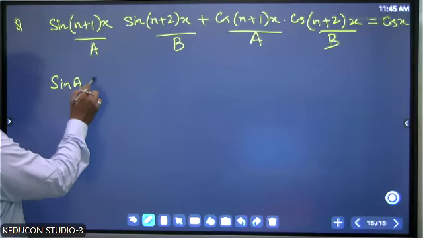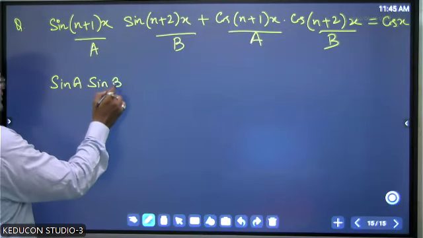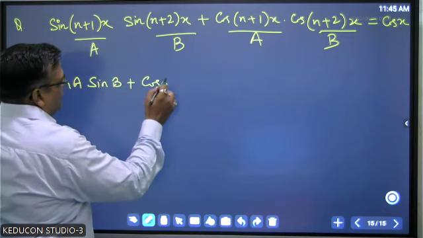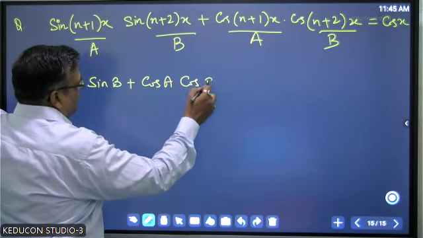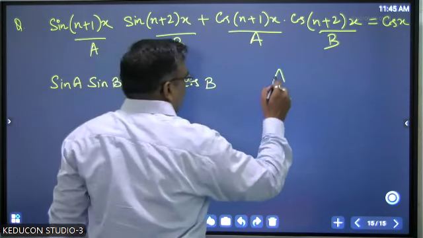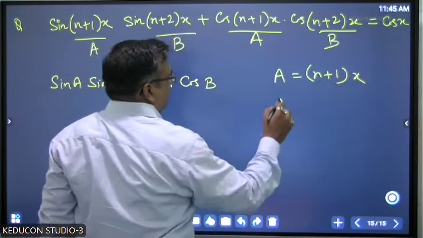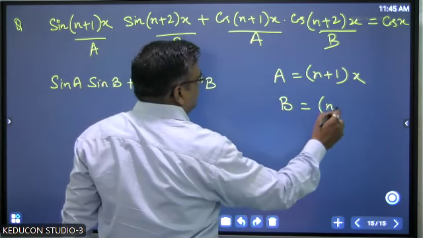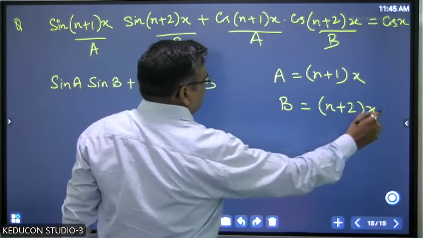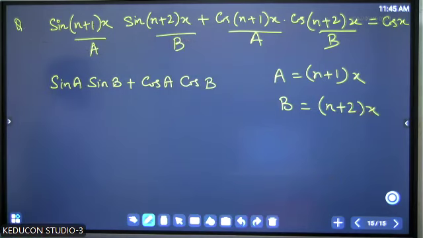sine a sine b plus cos a cos b, where a equal to n plus 1 into x, b equal to... right, students? So what formula is this?